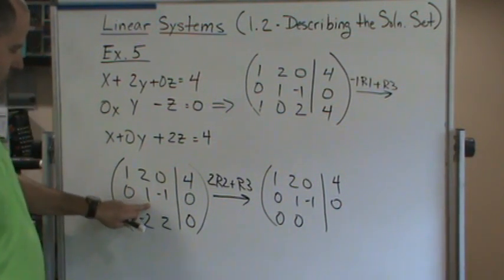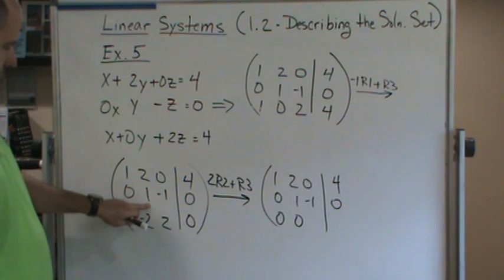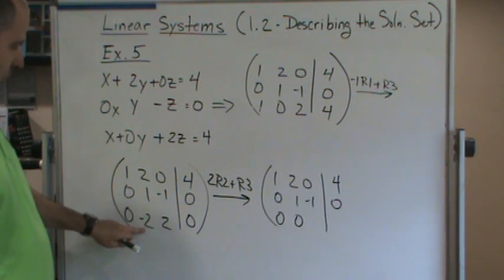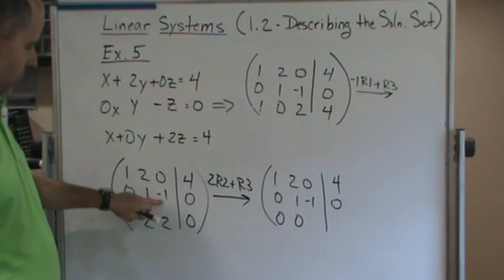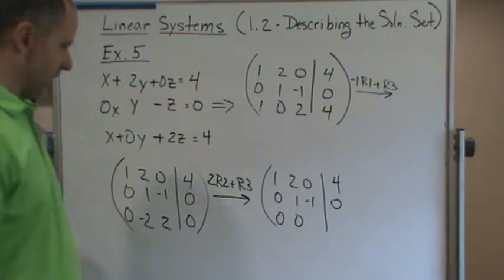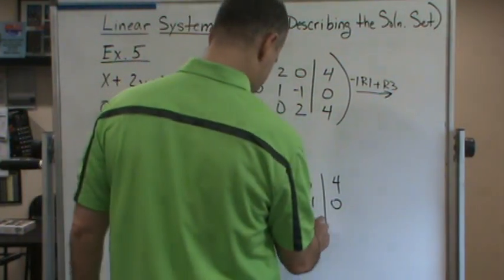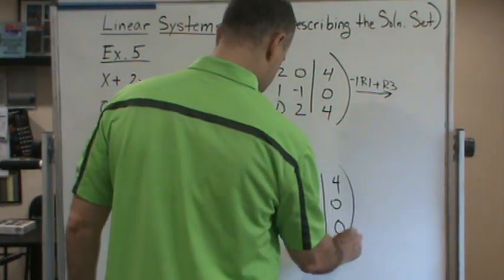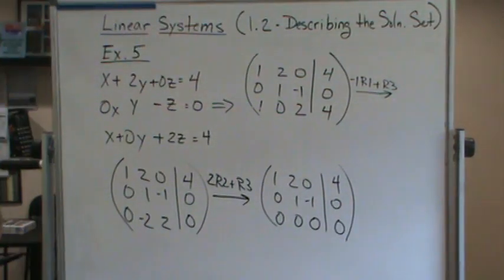If I do 2 times 1 is 2, plus -2 is 0, 2 times -1 is -2, -2 plus 2 is 0. And look at that, I get this as my final matrix.